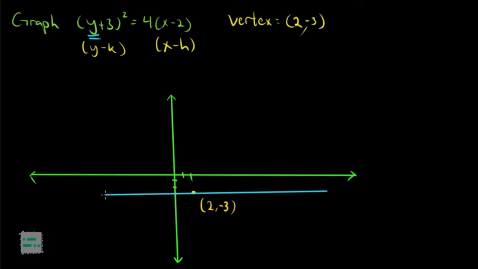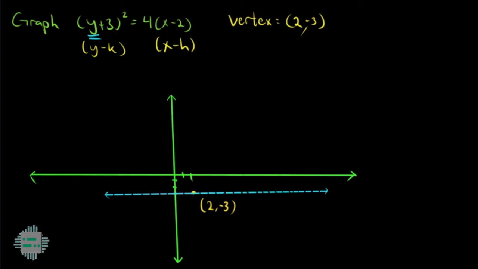Imaginary line lang yan. So, pwede mong i-drawing yun ng broken lines lang if you like. But of course, it goes on forever. Bigyan natin ng broken lines. Yan, imaginary line lang kasi si axis of symmetry. Ngayon na meron na akong axis of symmetry, alam ko na yung orientation niya, which is horizontal.